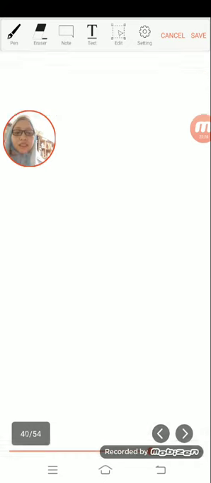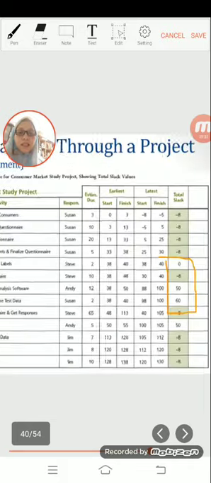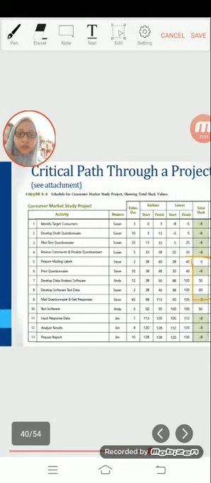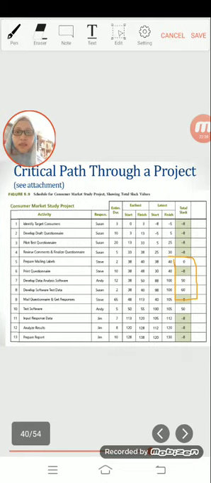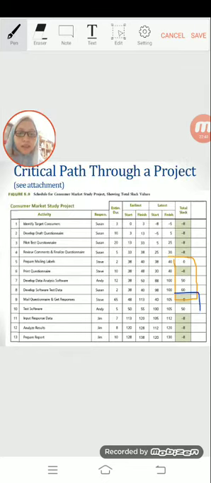So we can see here activity 9 and 10. From here you can see activity 9 and 10. One is -8. Another one is 50.